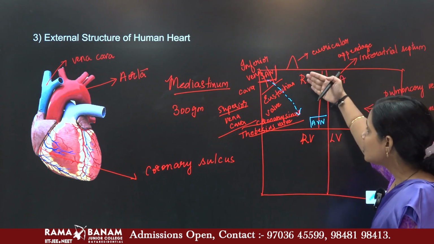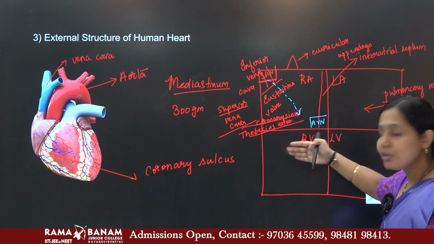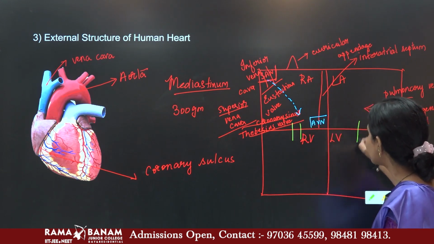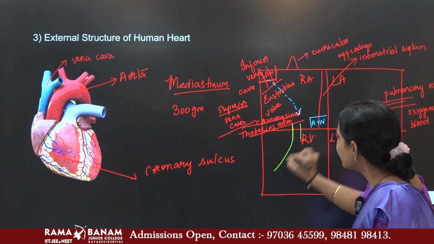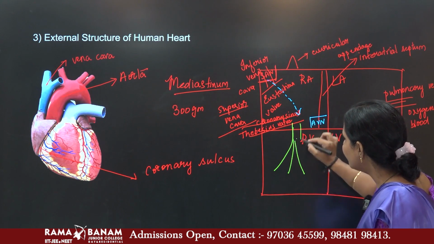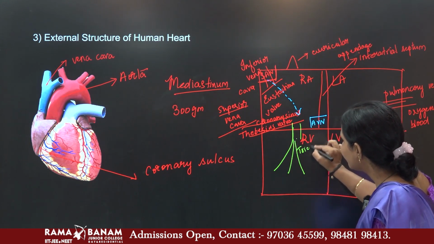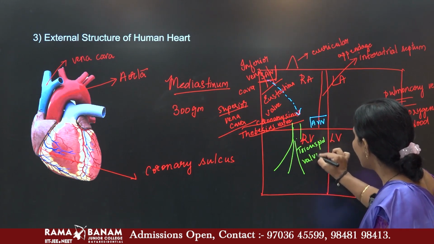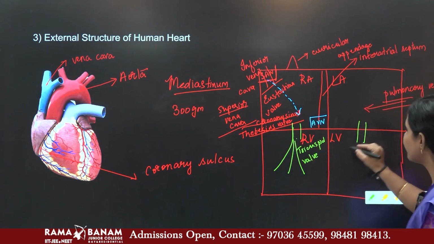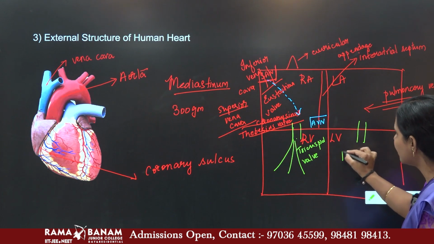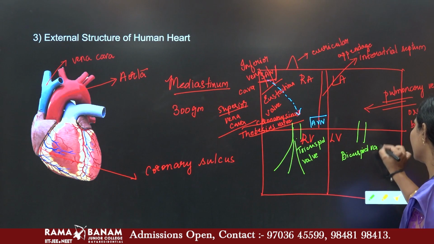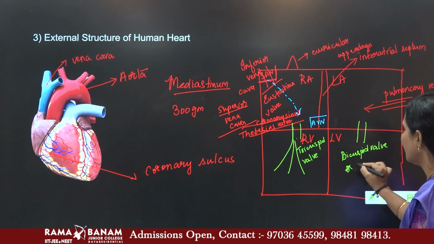And then at the junction of the right atrium and the right ventricle, you see a valve here, right? So here it's the tricuspid valve, and between the left atrium and left ventricle it is the bicuspid valve or mitral valve.